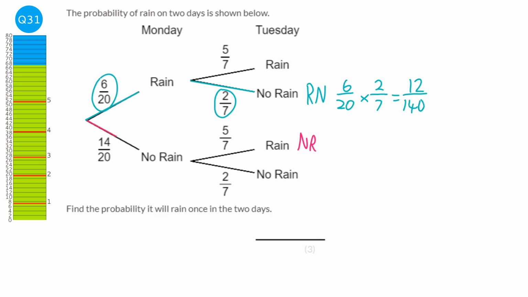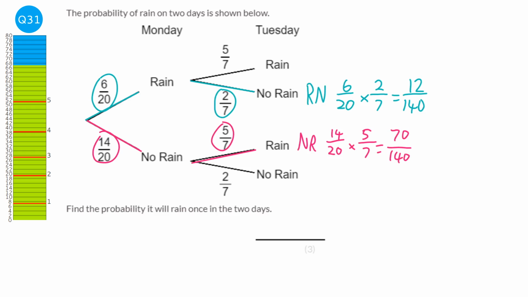And to work out the probability it will not rain on Monday and rain on the Tuesday, we're just going to multiply the 14 over 20 by the 5 over 7. So that would be 14 over 20 times 5 over 7, and that will give us, was it 70 over 140?